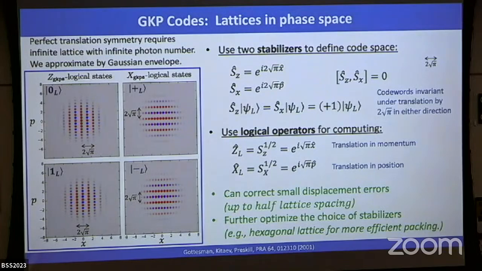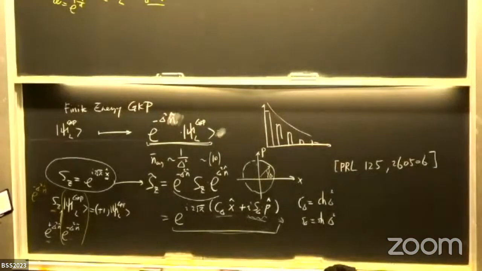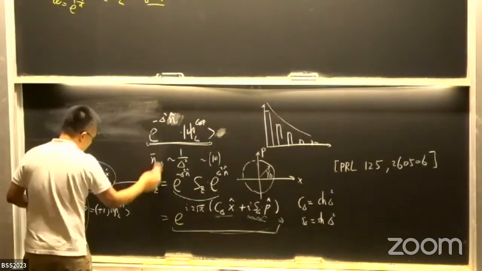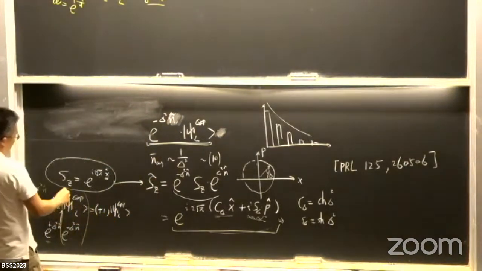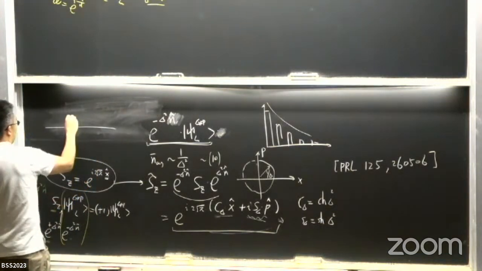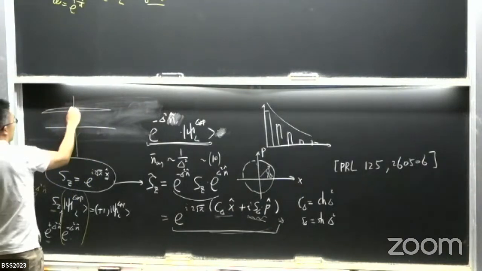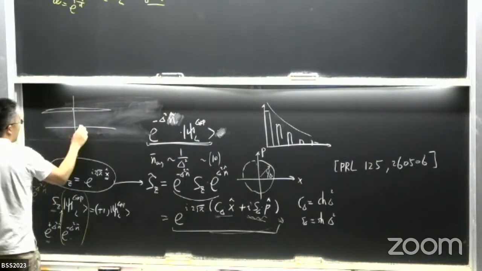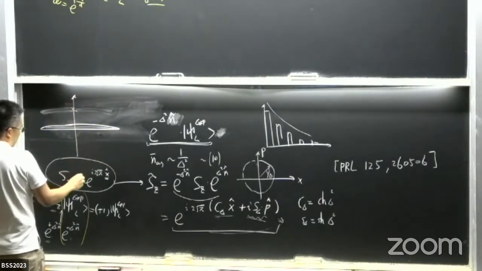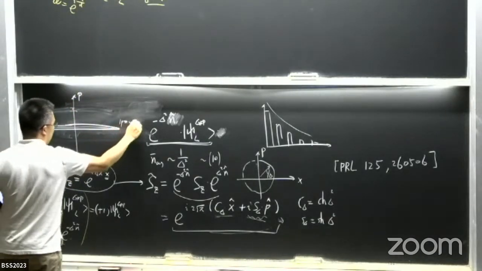So you know some information about X. Now suppose that your state is, let's say, a lattice which is like this. Suppose it's a momentum eigenstate, a squeezed state along the P direction. So suppose initially you have the P equal to 0 state.